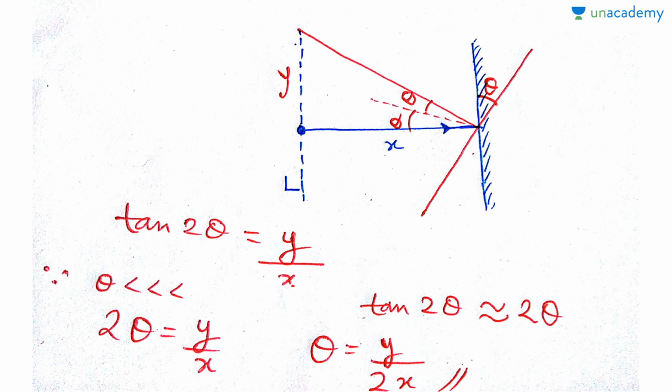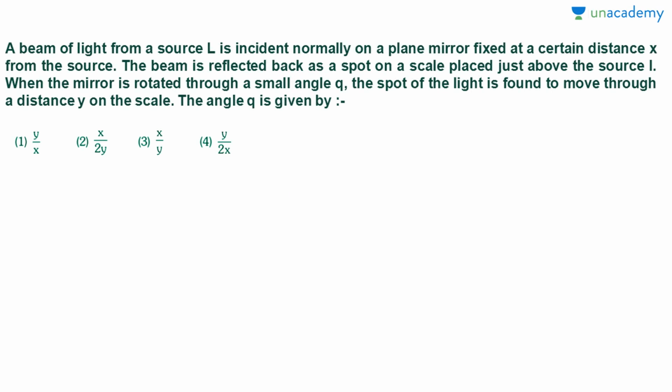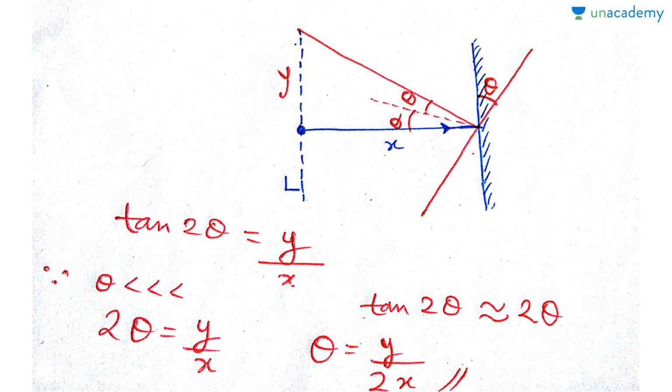This is the mirror and this is the source. If we have them face to face, the light from the source bounces back and makes a spot here.